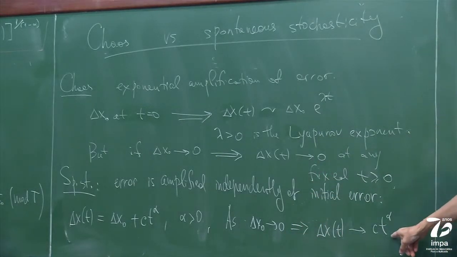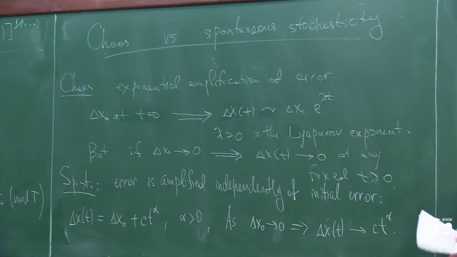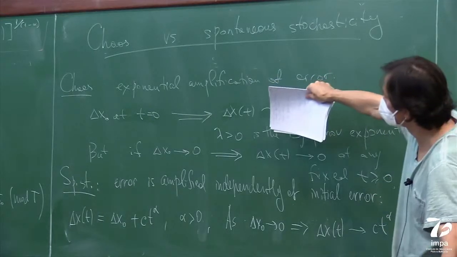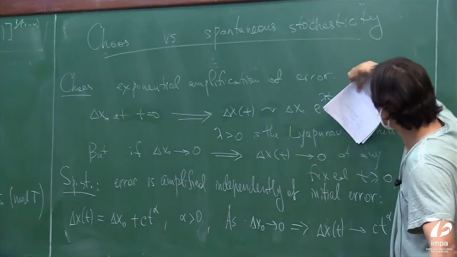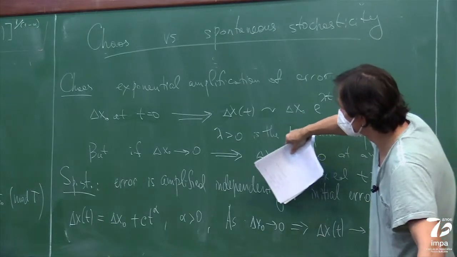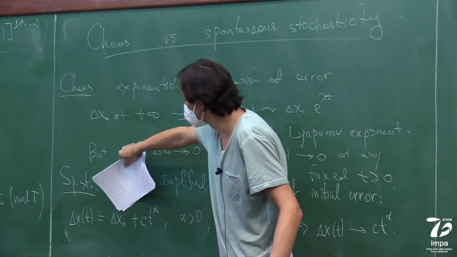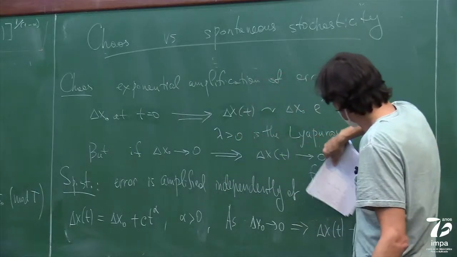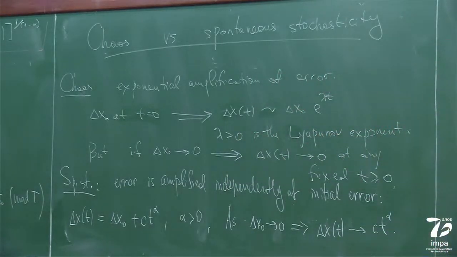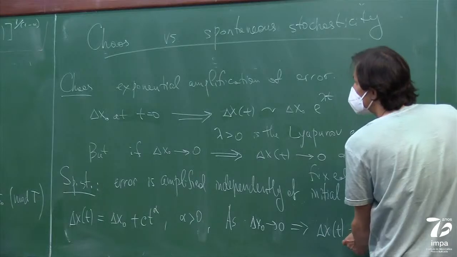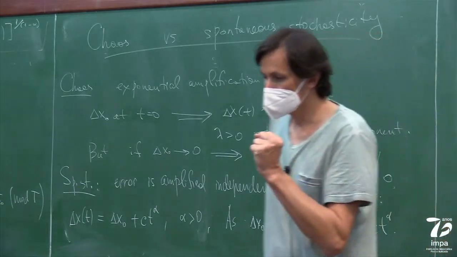The error is still positive. So unlike in chaos, where if you remove the initial error, you remove the error at any time, in spontaneous stochasticity, no matter how you remove the initial error, you still have error growing. This growth of error is due to the non-Lipschitz property.